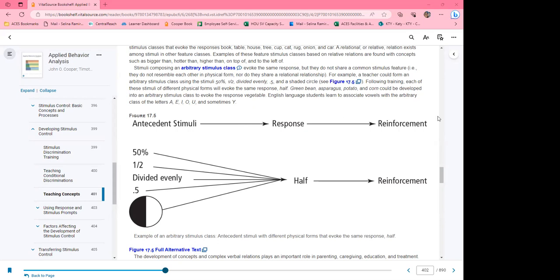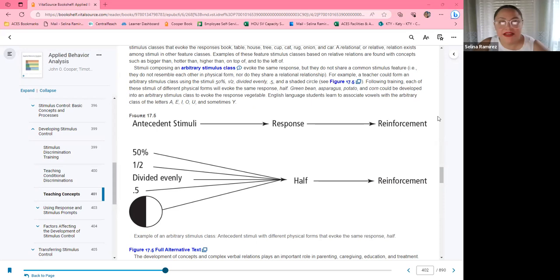Like a bus, a car, an airplane, a boat. Wouldn't that be arbitrary? Yeah, that's good. I can use all of those different types of vehicles to get me to a place. So they're all going to evoke the same response: I'm going to get on them and they're going to take me somewhere. But they're not resembling each other.